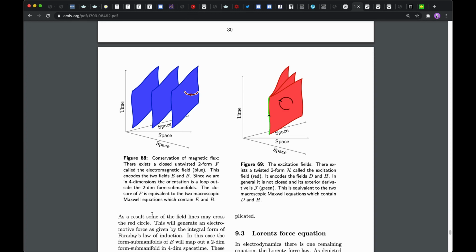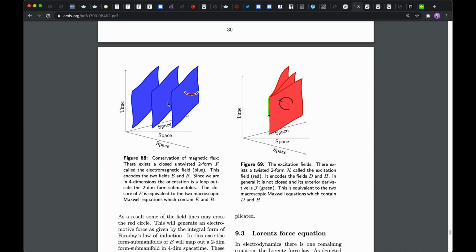So figure 68 is just the depiction of dF equals 0, which corresponds to the homogeneous Maxwell equations. It depicts that the divergence of the magnetic field equals 0, and also that the curl of the electric field equals 0.